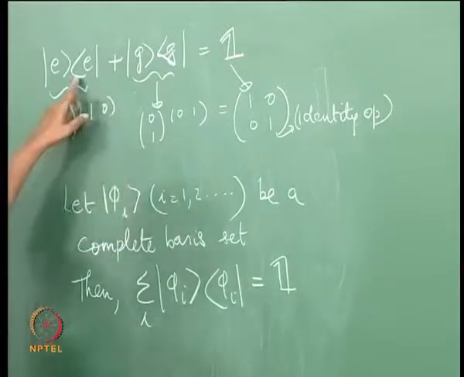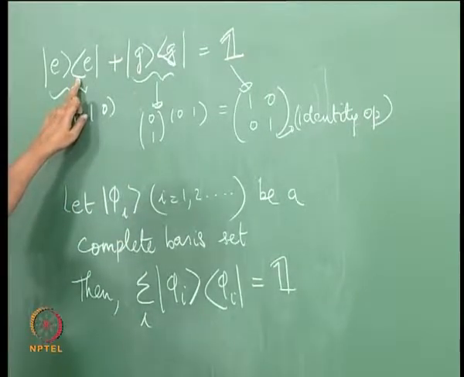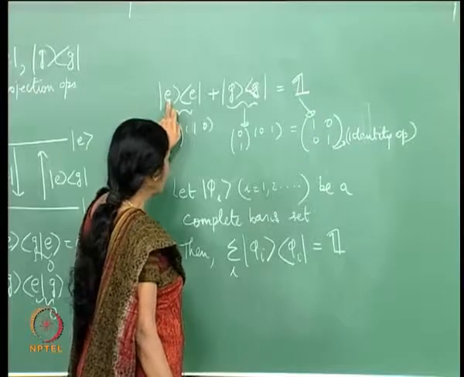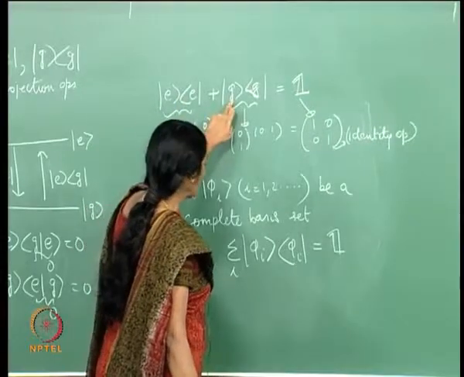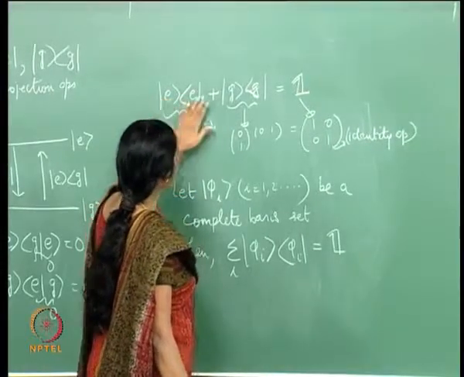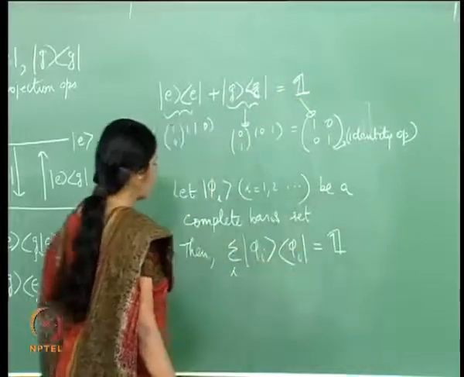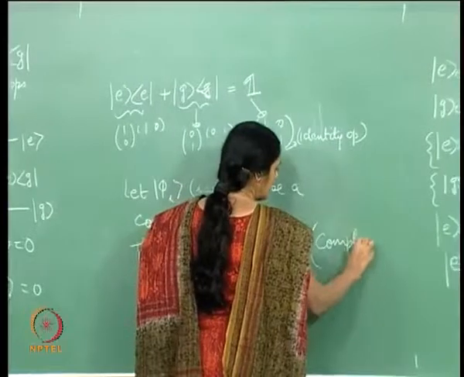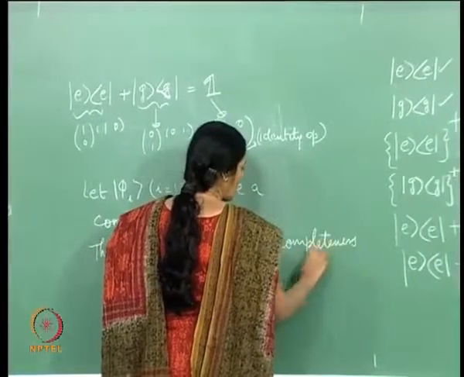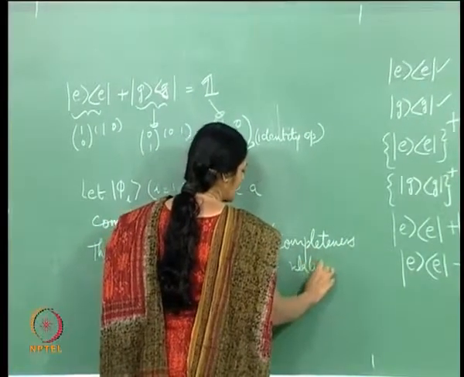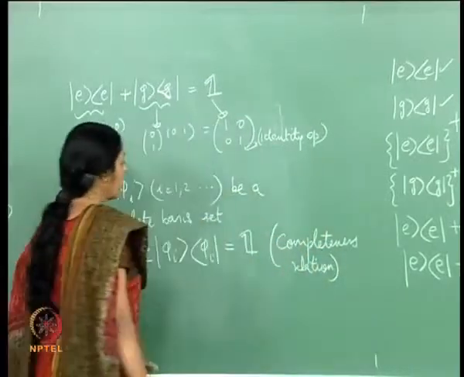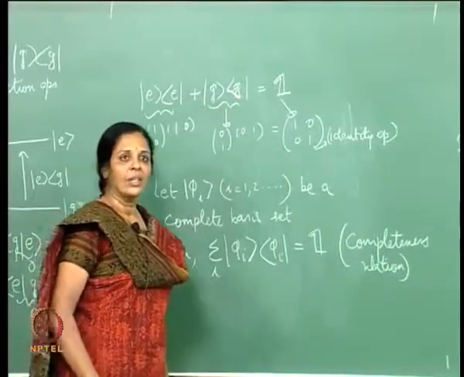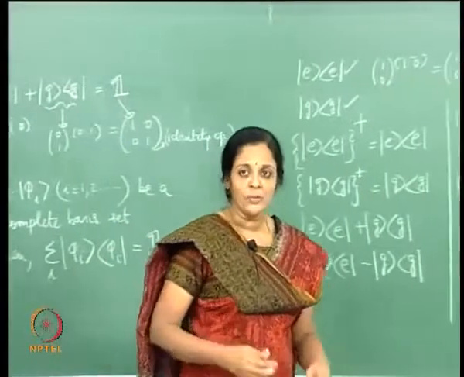And here in our problem, i simply takes values 1 and 2, φ1 being e and φ2 being g, and therefore this relationship is evident. This is called the completeness relation, and what I have demonstrated to you is the completeness relation in the context of the atomic system.